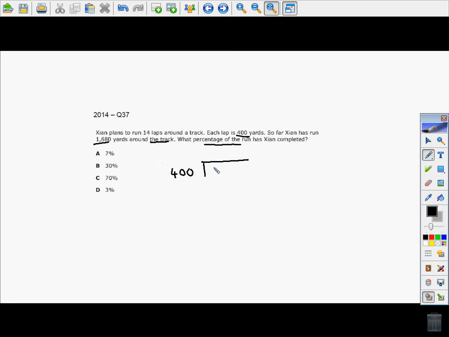Let's decide 1680 yards is how many laps. So 400 goes into 1680 4 times, and 80 left. We need to put a decimal point and keep continuing with the division. 400 goes into 800 2 times, and nothing left.